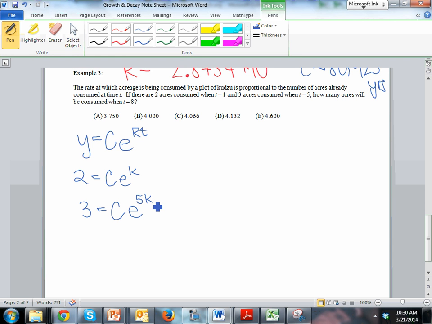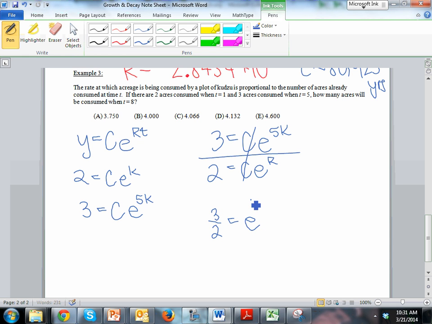What would happen if I took the second one and divided it by the first one? 3 halves equals... I divided the 2 equations to get rid of that c. They're proportionally equal.